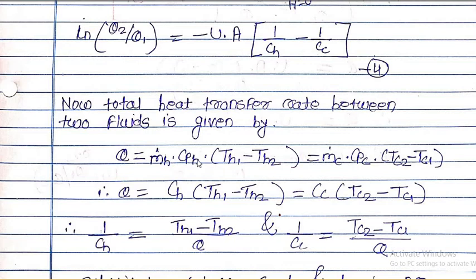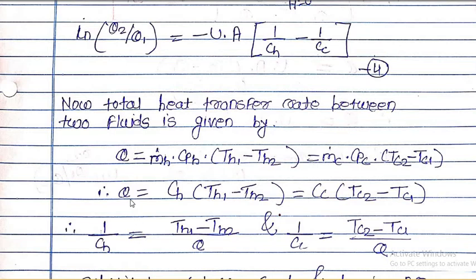So m dot h multiplied by Cph gives Ch, which is the heat capacity of the hot fluid. This is the heat lost by the hot fluid. The same amount of heat is gained by the cold fluid, that is m dot c multiplied by Cpc multiplied by (Tc2 minus Tc1), where Tc2 is the outlet temperature of the cold fluid and Tc1 is the inlet temperature of the cold fluid.